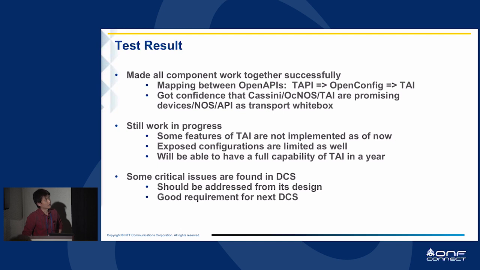Finally we succeeded, so we got the confidence that it is not so hard to integrate Cassini and ONOS with ODTN, and that they are promising devices and a network operating system as a transport whitebox.